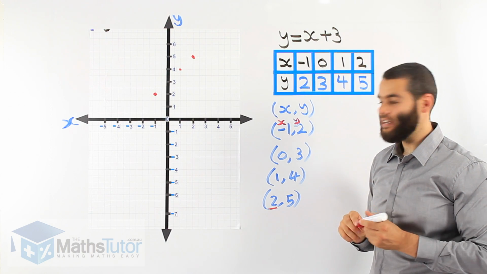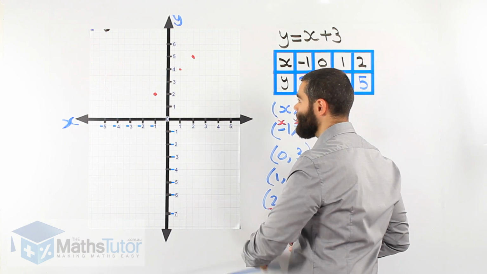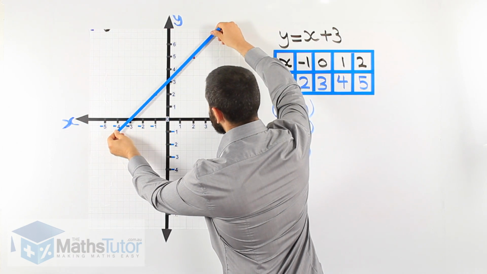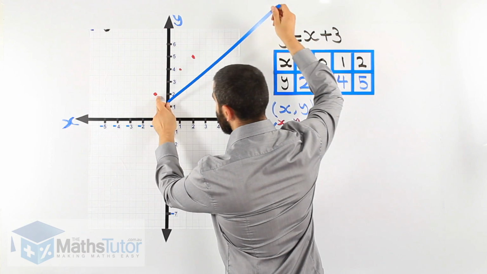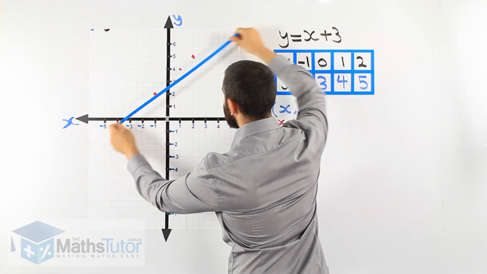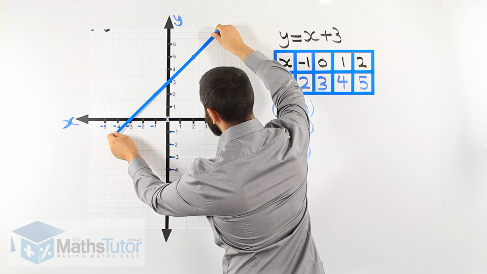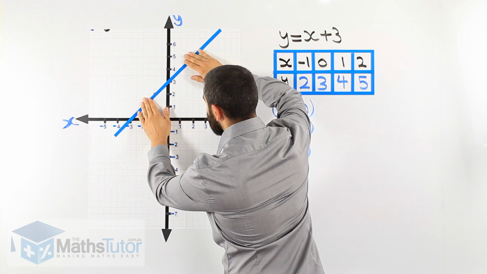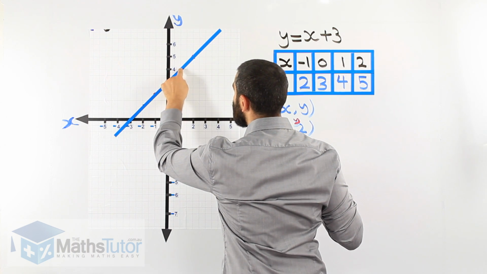Now let's draw the straight line. Using a ruler, of course, you will draw your straight line. The points, make sure they're in line, and we draw our straight line going through all the points.